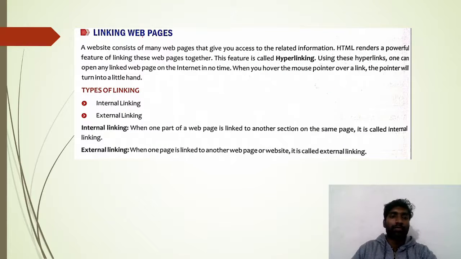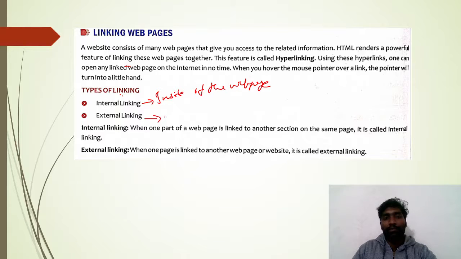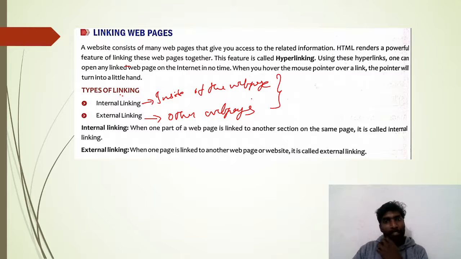Linking a web page. We may link an internal link, inside the web page. External means other web pages. I hope you know well how to link a web page. It was already taught in the online class. Again I am saying, a link means what?